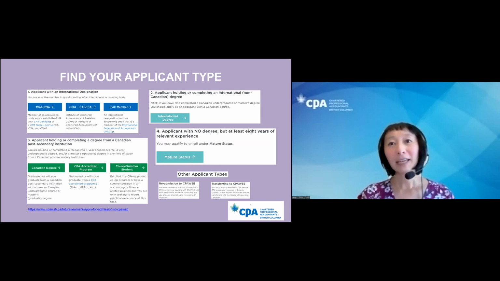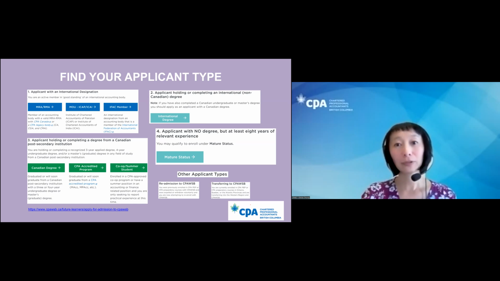Now, applicant type 5, which we call other types, is readmission to CPA-WSB. This refers to individuals who perhaps were enrolled in the CPA program before but quit, and they want to reapply to re-enroll into the program. Another other applicant type refers to transferring to CPA-WSB.